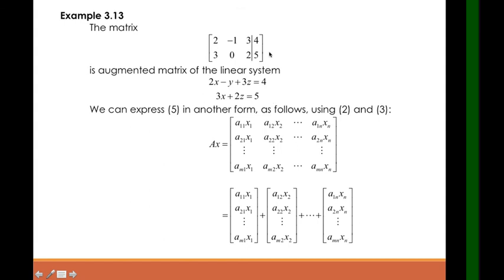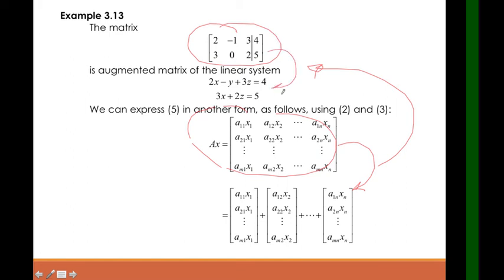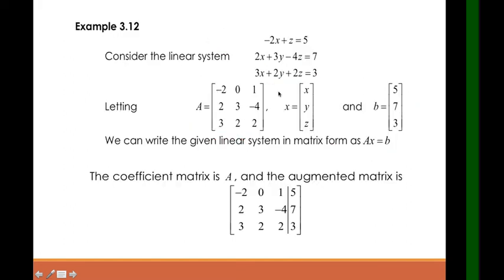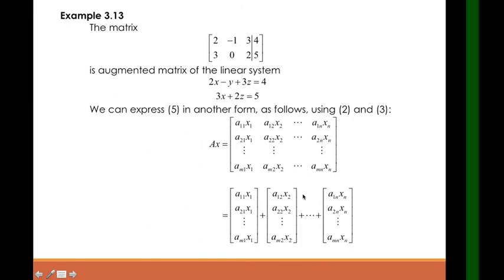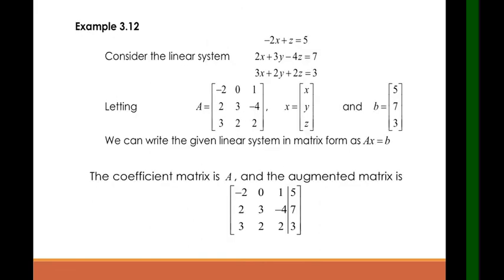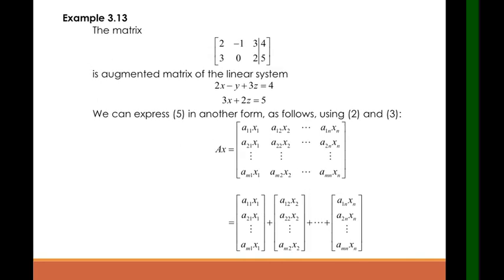That this matrix can be made into this. And this is also equivalent to this because this one is a matrix and this can be turned into a linear system. At the same time, a linear system can be turned into an augmented matrix. It's vice versa of the 3.12 example and 3.13. Okay?